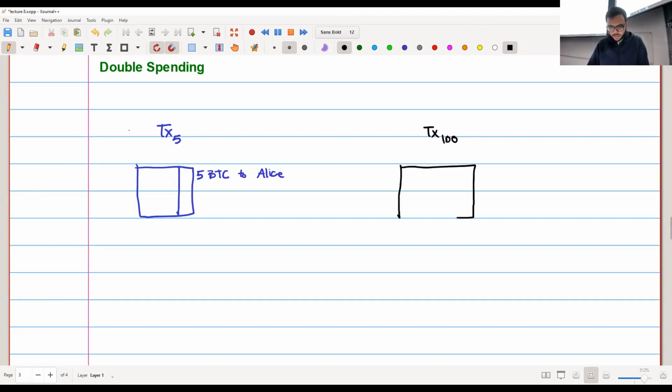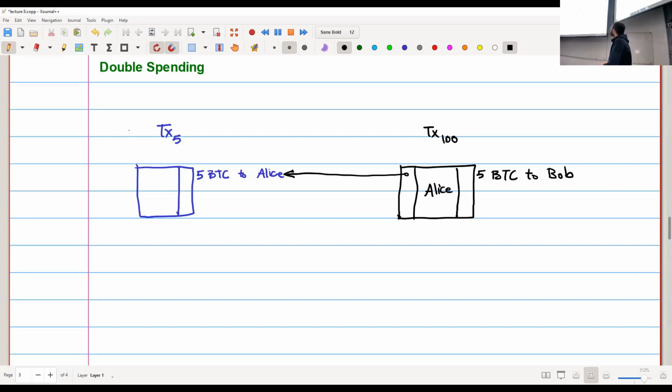And this is a transaction created by Alice. And she takes these 5 Bitcoins. So she puts a pointer to this transaction and says, at this particular index, I received 5 Bitcoins. And she says that I want to send these 5 Bitcoins to Bob. That's fine. She has 5 Bitcoins. She can send it to Bob.